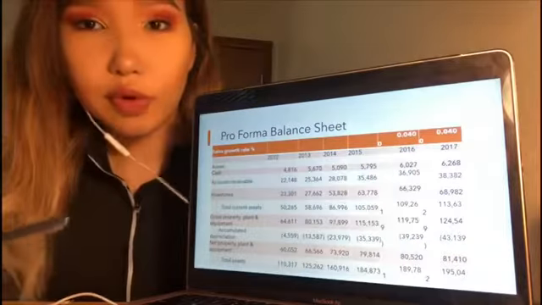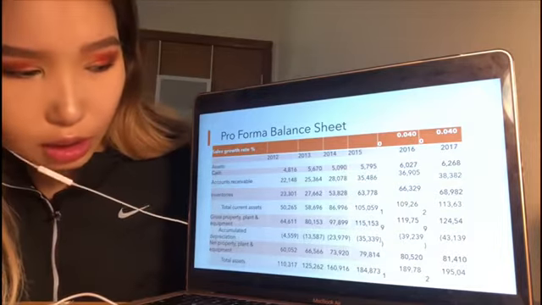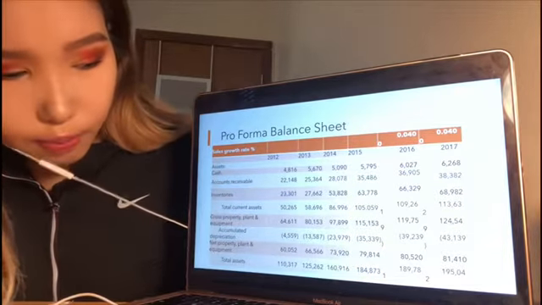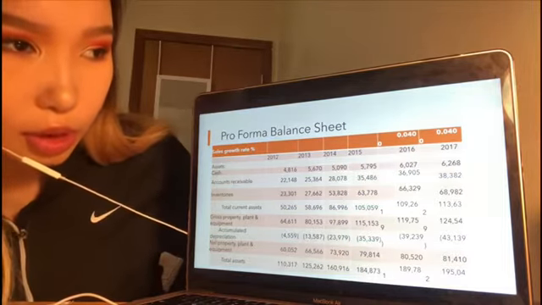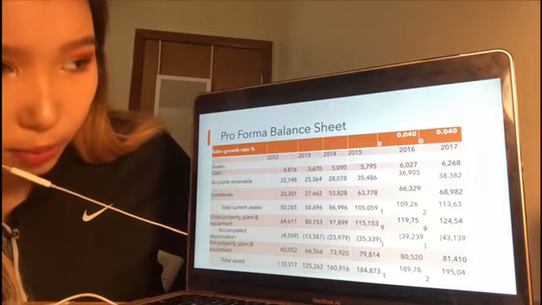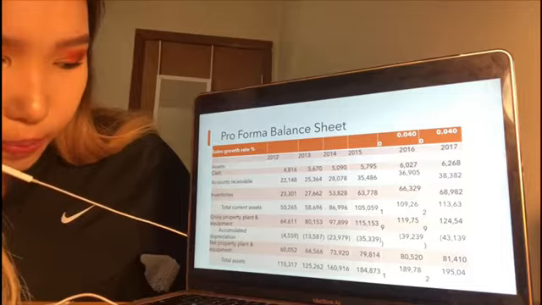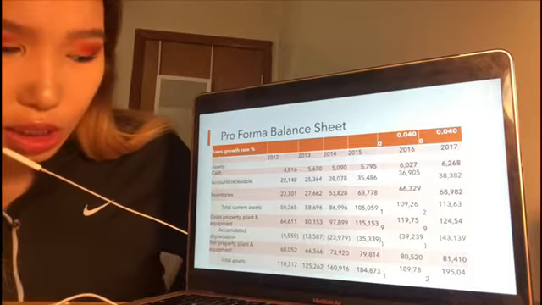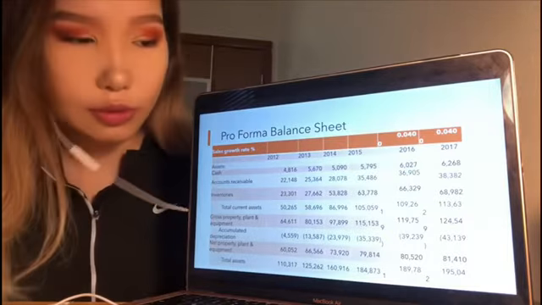And this is the first part of the pro forma balance sheet. I basically multiplied everything by 4% except the long-term debt and the short-term borrowings from the bank.